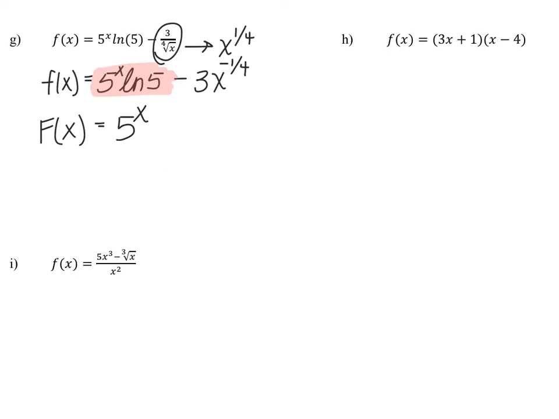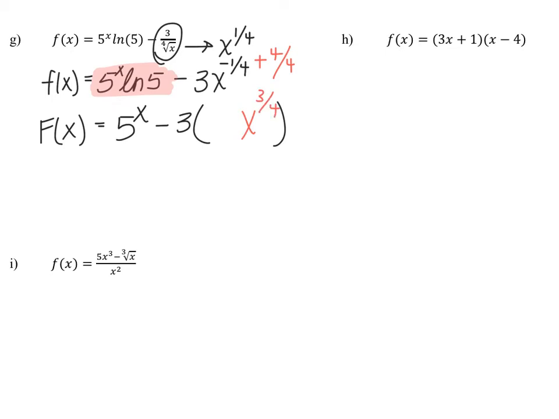Now let's move on to our second term. So we have this minus 3. I'll leave that as my coefficient. And now we have a power, x to the negative 1/4 power. So I'm going to add 1 to the exponent. But since it's a fraction, I'm going to go ahead and write this as adding 4 over 4. So negative 1/4 plus 4/4 will leave me with an x to the 3/4 power.